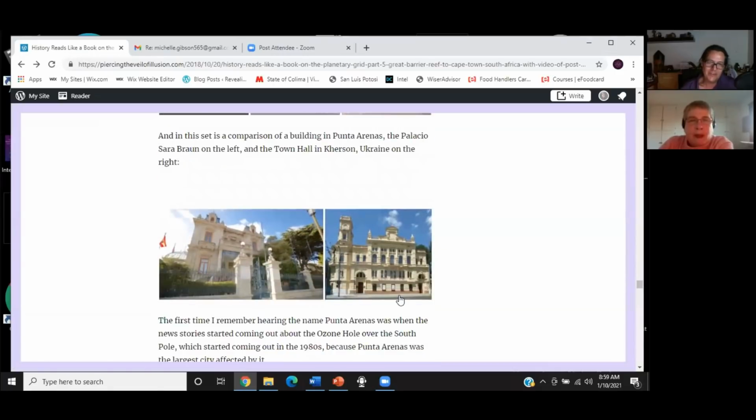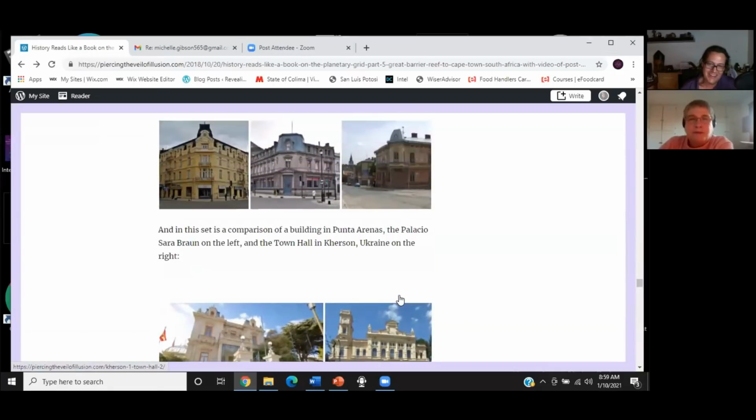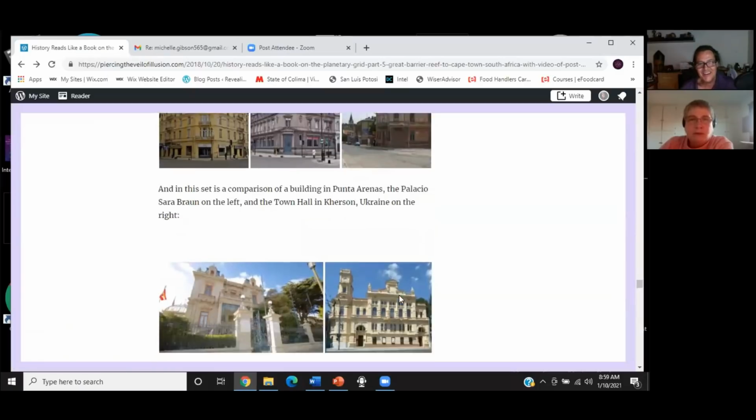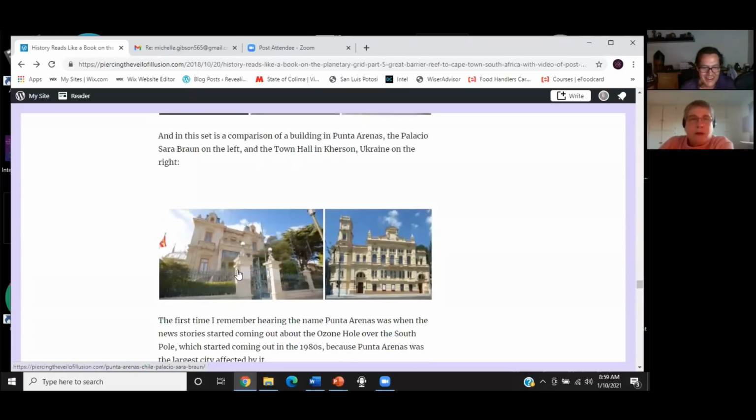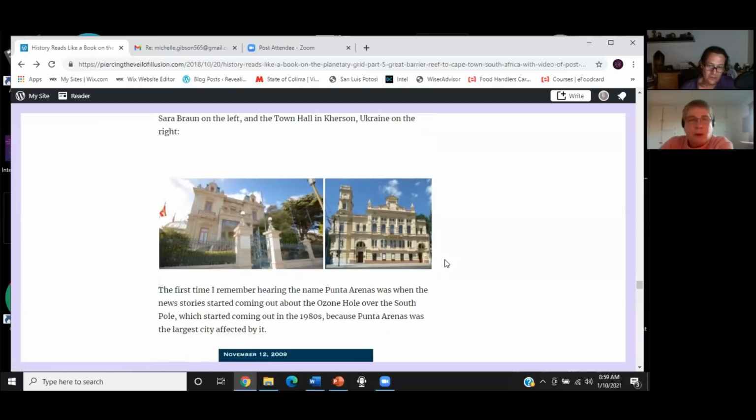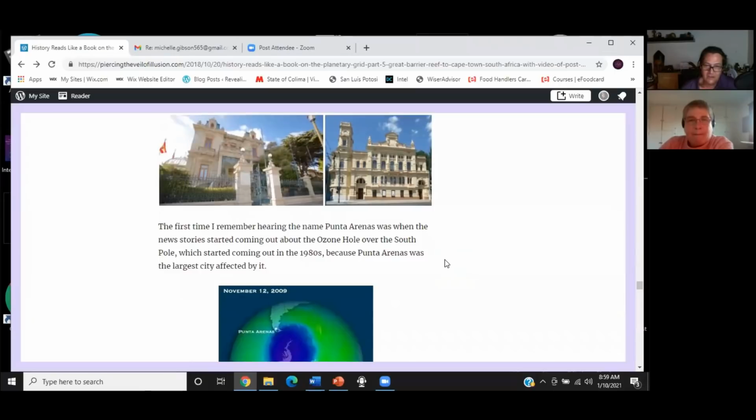And the story for South America has got to be harder than Australia, isn't it? To try and piece together how the hell they got those buildings there. So this is in Chile, and this is in the Ukraine. Same idea going up there. Yeah, and also one tropical, one in the snow, but it's the same, isn't it?